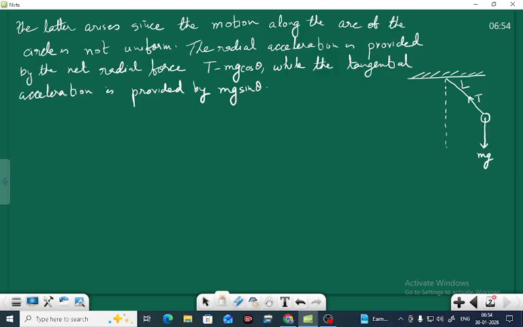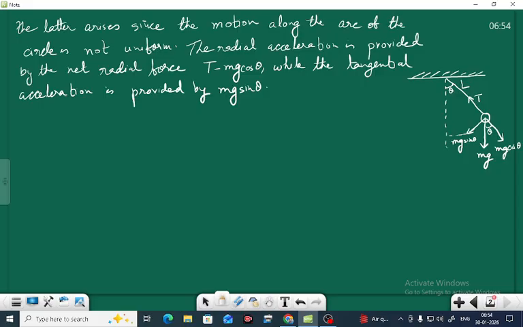This is angle theta, therefore this angle will also be theta. So if we resolve this mg, it will be mg cos theta, and perpendicular to this it will be mg sin theta.